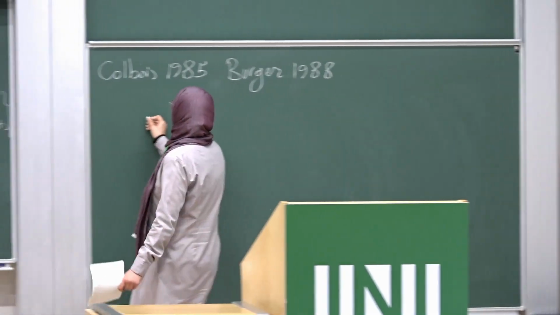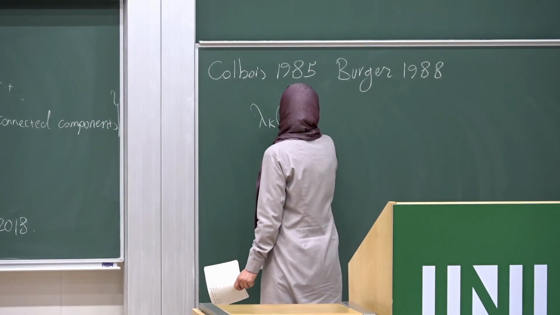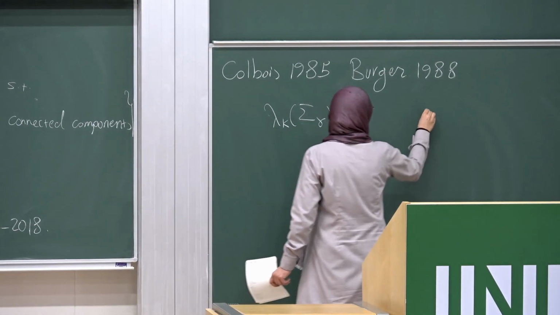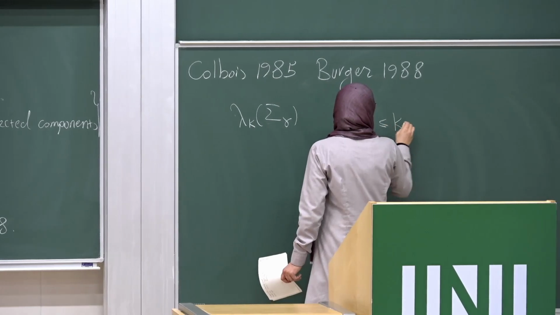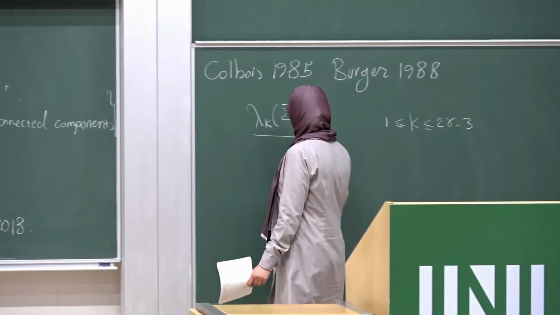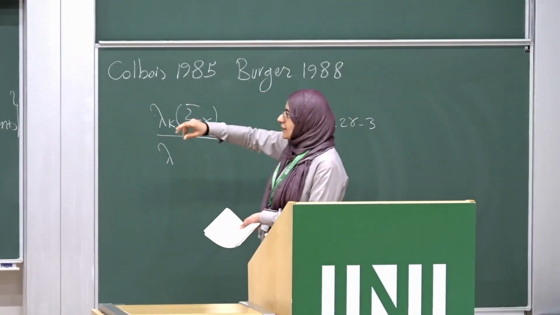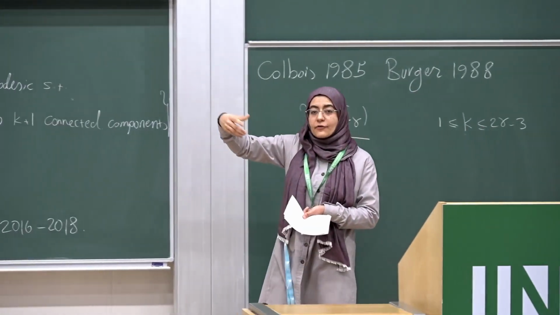Basically, they look at the kth eigenvalue of the surface, and they associate with the kth eigenvalue, assuming that this L_k is small, a graph.